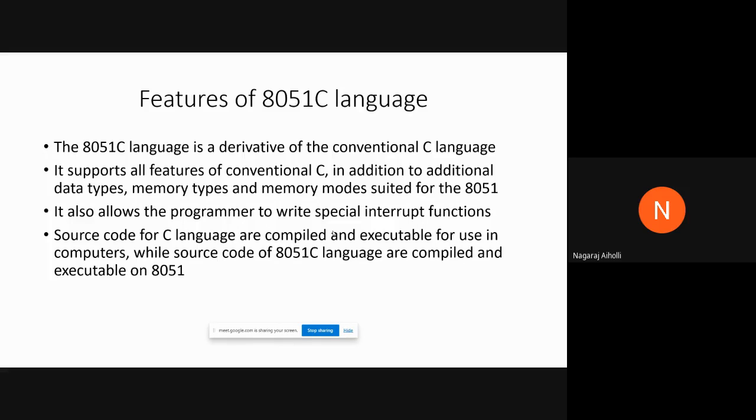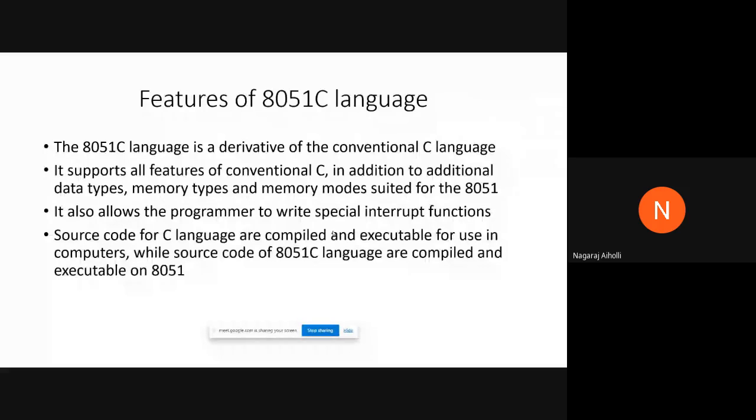Whatever the data types of C, like int, real, char, character, the same data types are also there for the 8051 C language, but with certain additional data types. There are certain extra data types available in 8051 C language.